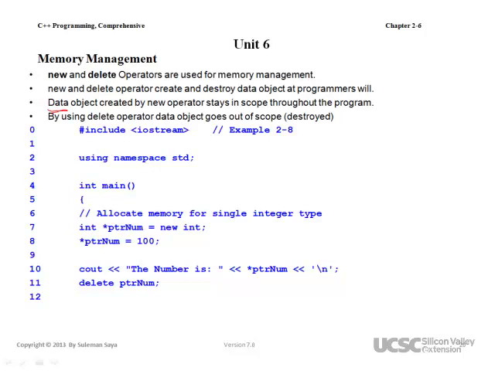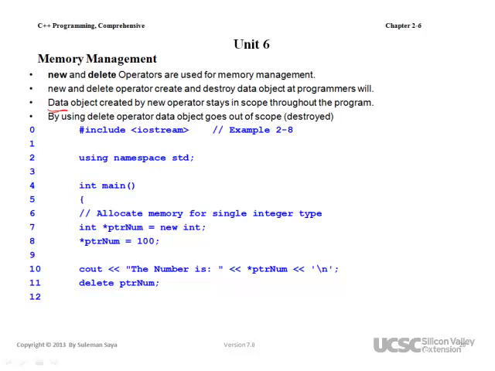Okay? That is considered a memory leak because the memory was not returned to the operating system as expected, meaning no delete operator was used in your program. So that's why the memory leak will occur.